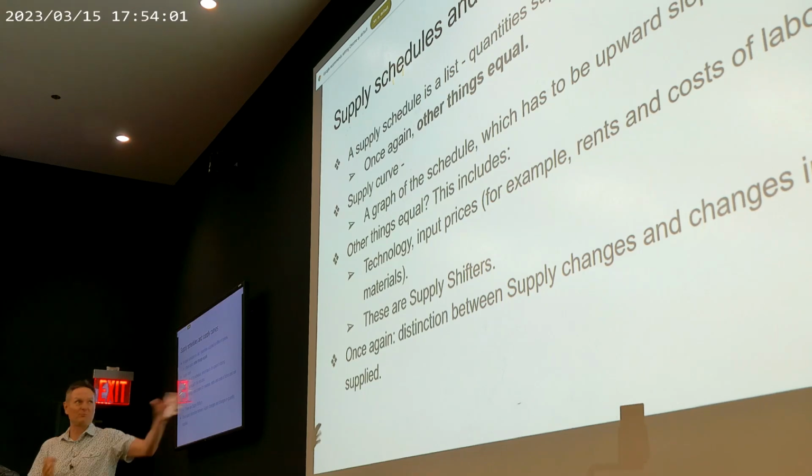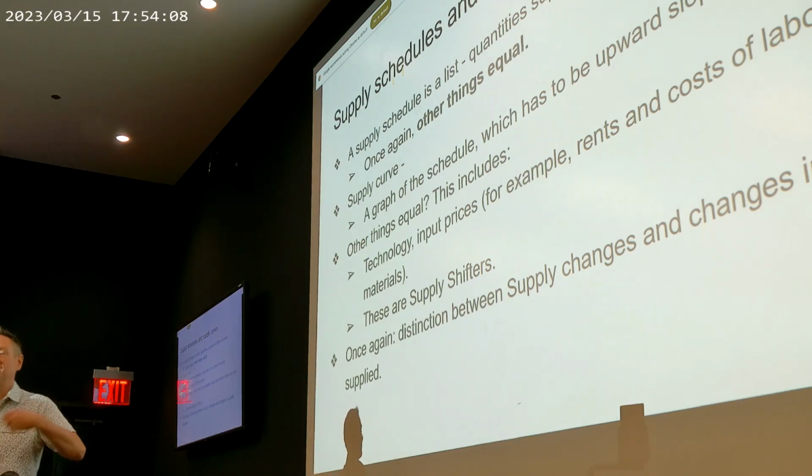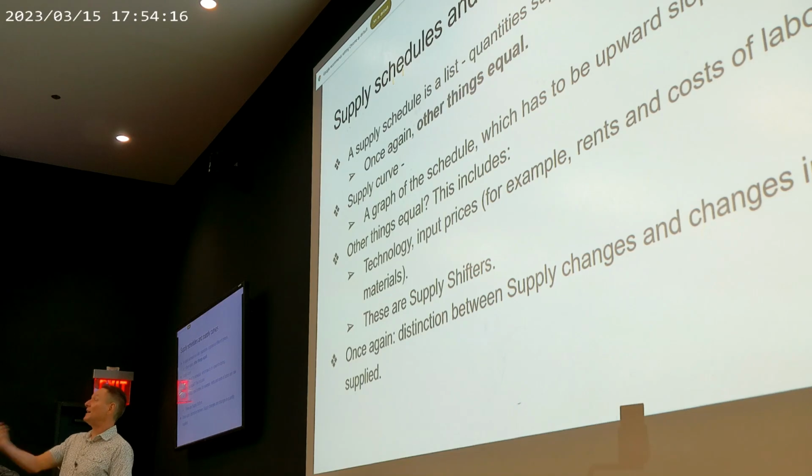We give a business some prices, and out the other side will come the quantities that this firm would supply, right? We expect that the curve is upward sloping. That is to say, at higher prices, firms should supply more of the product.